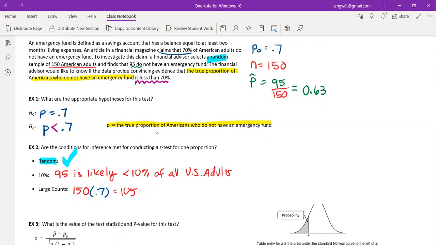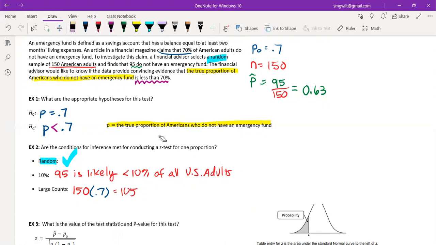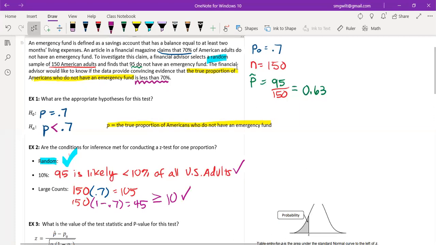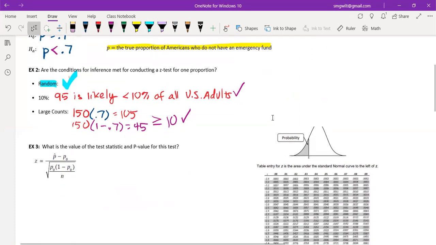And then I have to also check 150 times 1 minus 0.7, 1 minus p naught, and that gives me 45. So both of these are greater than or equal to 10. So that condition is met, and we've met all three conditions to conduct a z-test for one proportion.